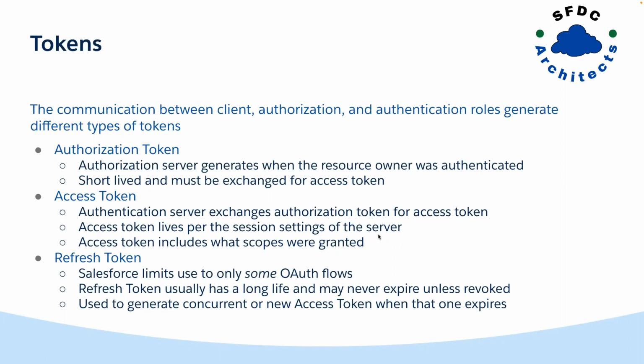So the application is just going to fail. But the access token includes the user that has the access, the time that that access token was generated, and the scopes that you are granted.